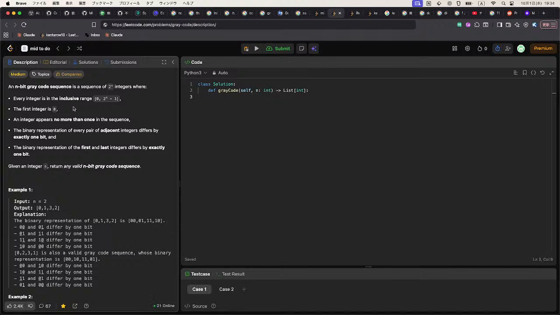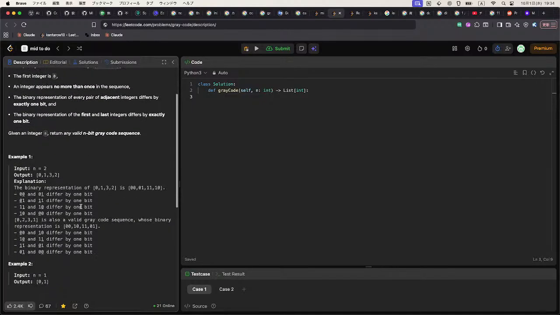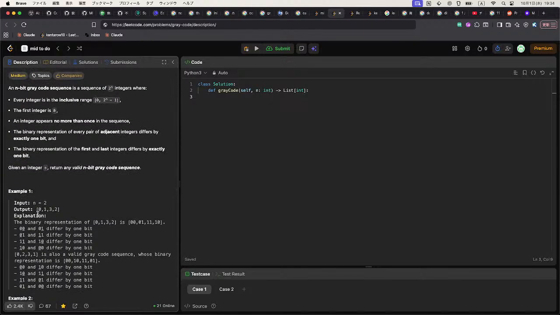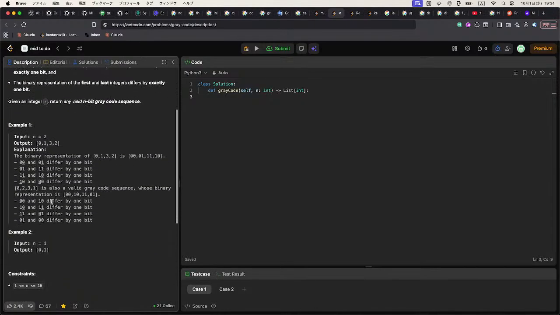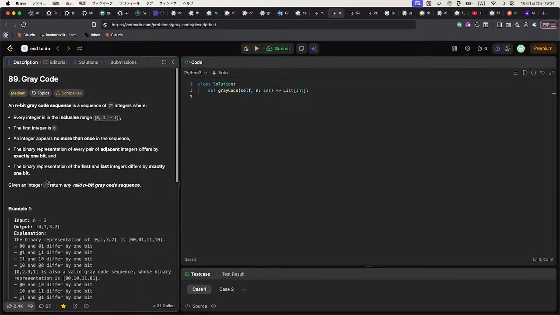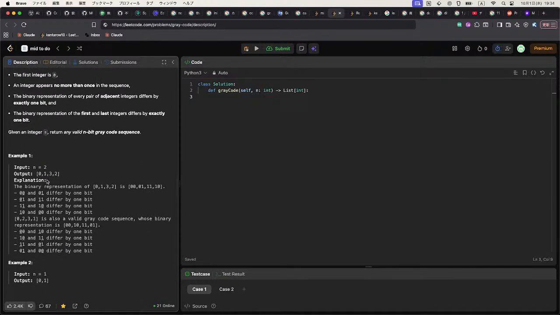But basically there is a range like this, so I guess the numbers in the output array might be consecutive. Yeah.